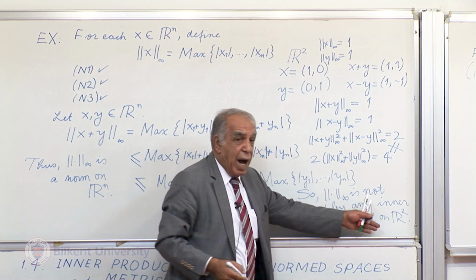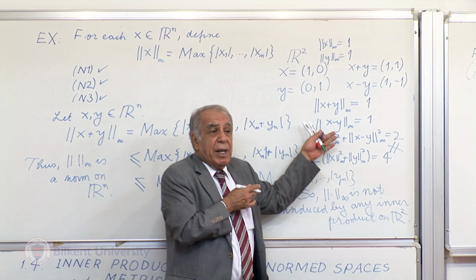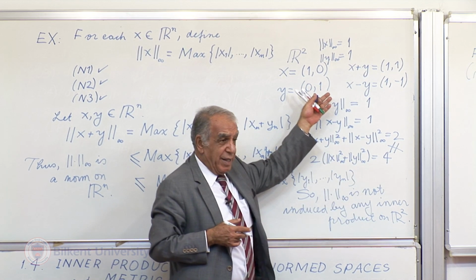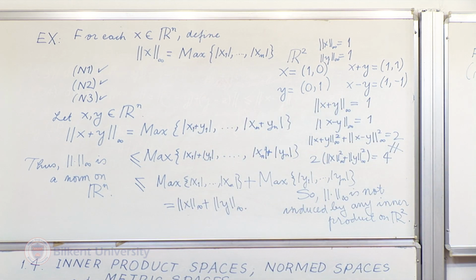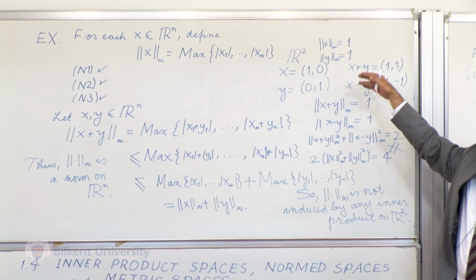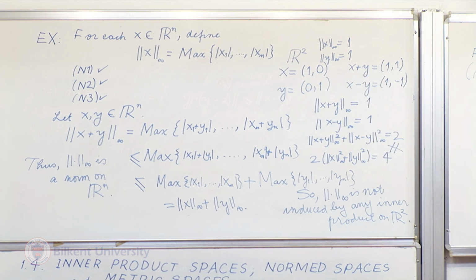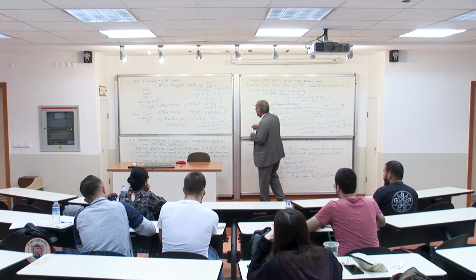Well, for R, of course, it will be induced by an inner product, if this n is 1. Because it has just one component, you take the absolute value of that, and that's the usual norm. But we have shown it for R2, but in general, whenever n is larger than 1, this example can be easily extended to that.